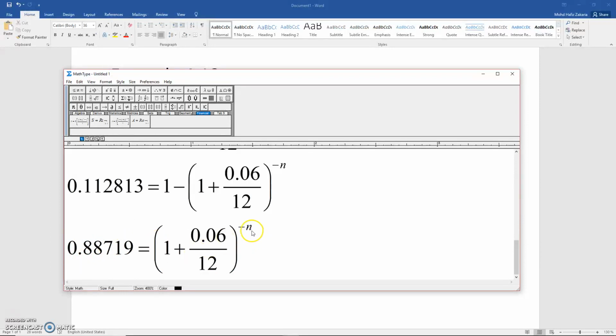Now let's try to bring down the n. Negative n here, let's bring it down and put a log function.